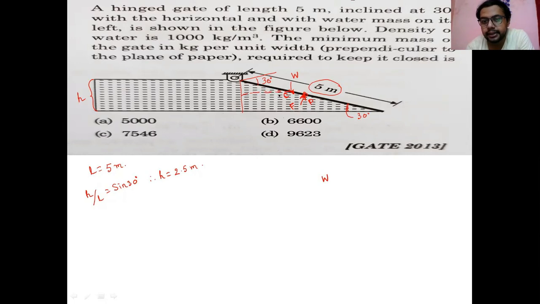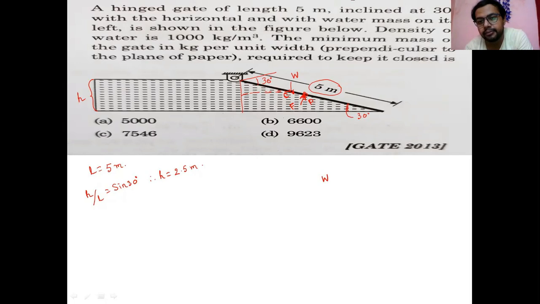If this is H, the centroid is always at the half position. So if the total length is 5, the centroid location along the plate is 2.5 meters.